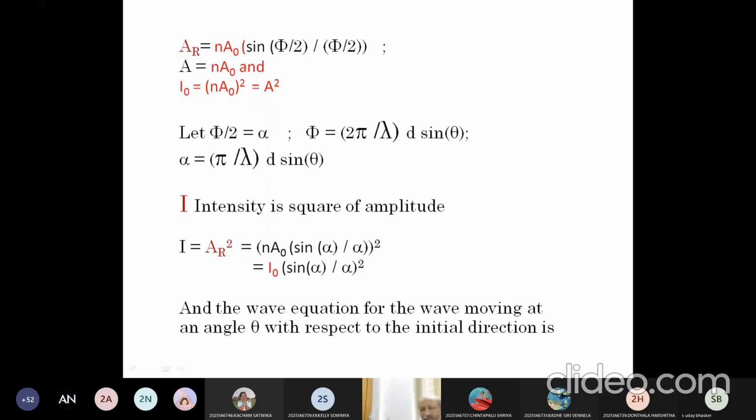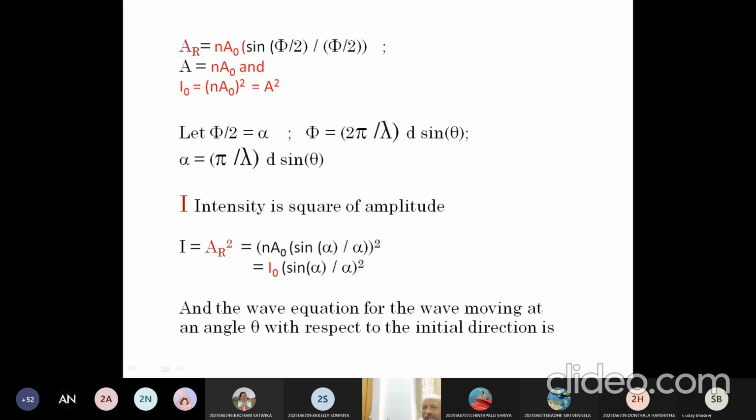What happens? Increasing. As theta increases, I value decreases. How can you say that, sir? Because for theta equal to 0, alpha is equal to 0, and for that the I value is maximum.